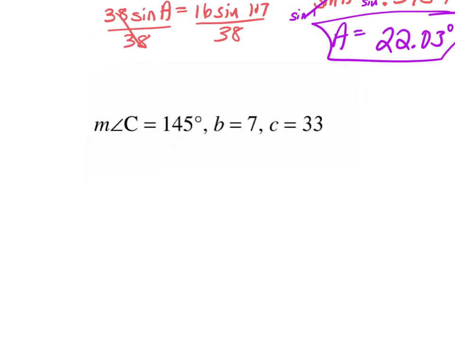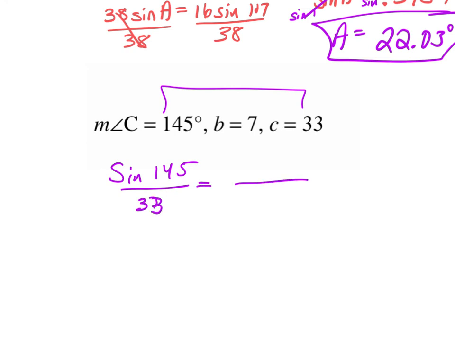All right, what's my first proportion I'm going to set up, given the information that they gave me? Sine of 145 over 33, right? Equals sine of capital B over 7. We're trying to find angle B now. Guys, same thing.